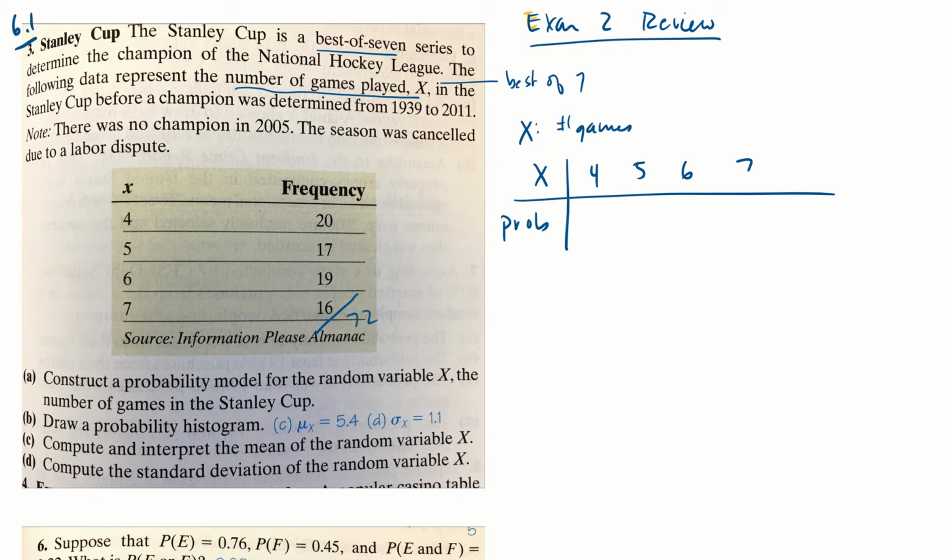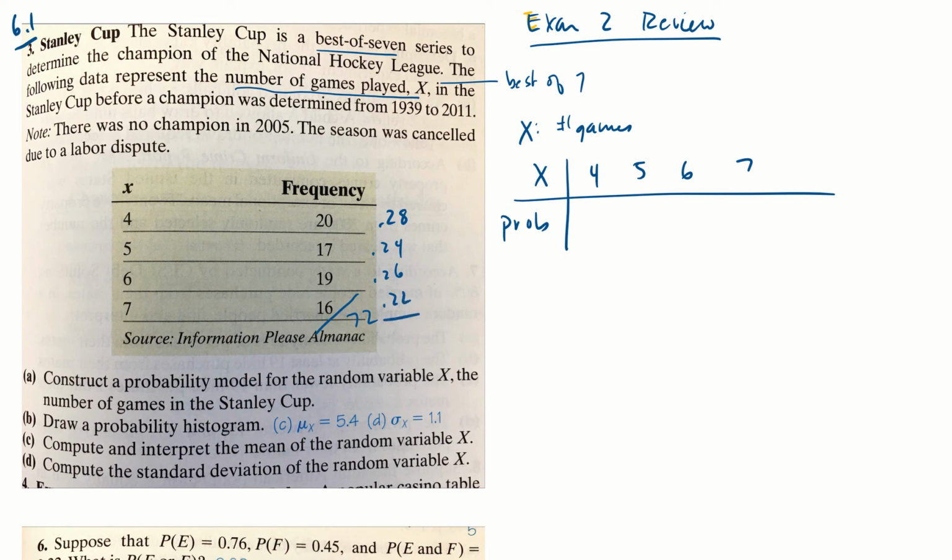So this would be 20 divided by 72 is, I'm going to be rounding these, 28%. 17 divided by 72 is 24%. 19 divided by 72 is 26%. And 16 divided by 72 is 22%.